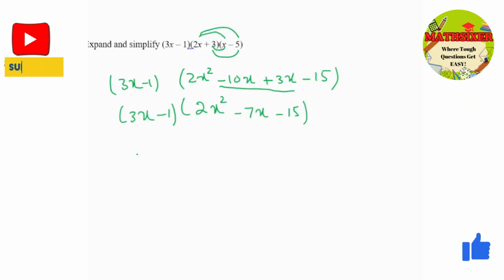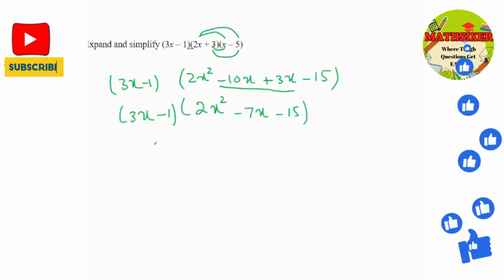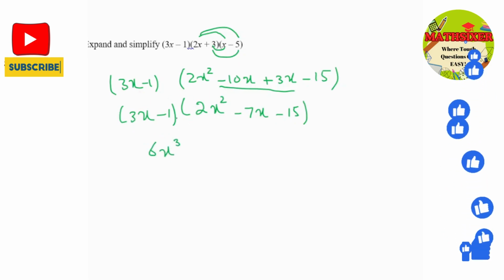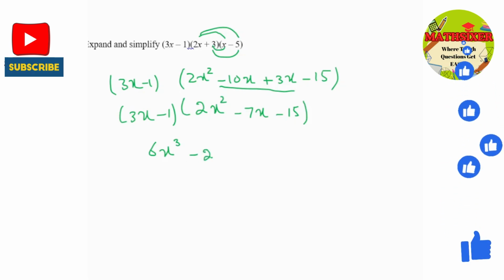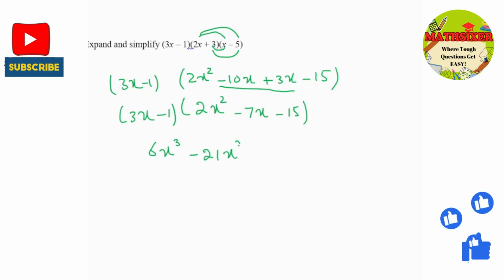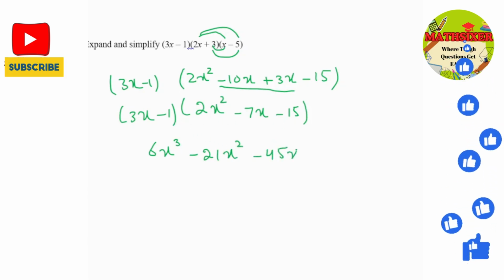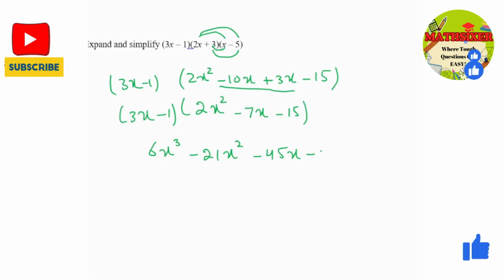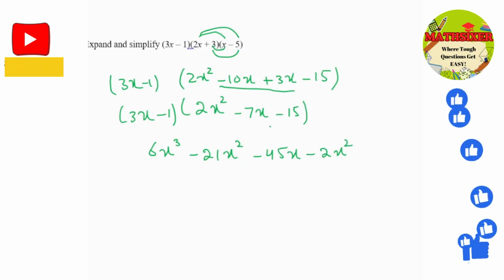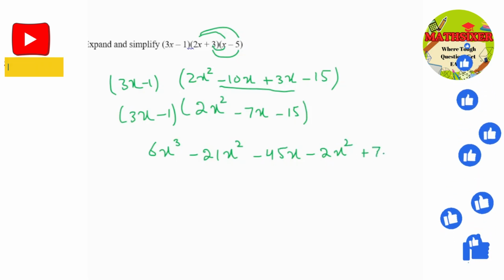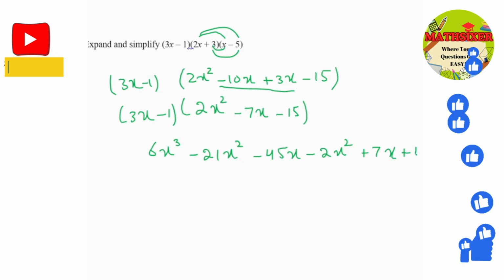Now we can expand this bracket. 3x times 2 would be 6x cubed, and then 7 times 3 is 21x squared, 3 times 15 is minus 45x, and then we have minus 2x squared, then plus 7x plus 15.